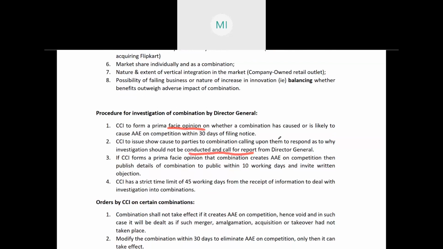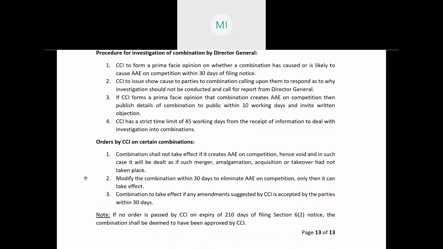And if the Director General also feels that yes, it creates that, then they can actually start taking actions. The actions can be in the nature of orders. So here also there is a similar thing, but it's a little different on combinations. Whether combinations will take effect or not.